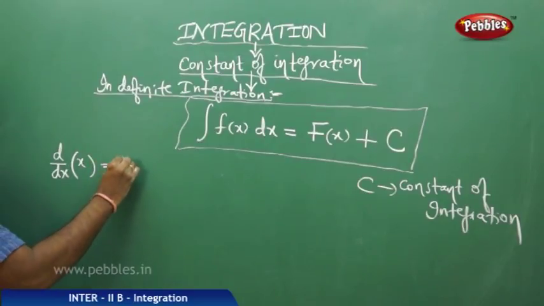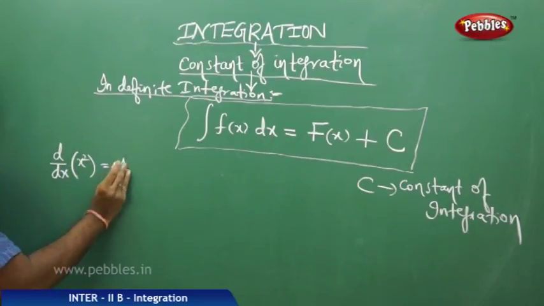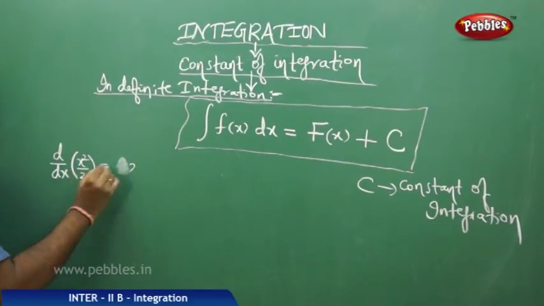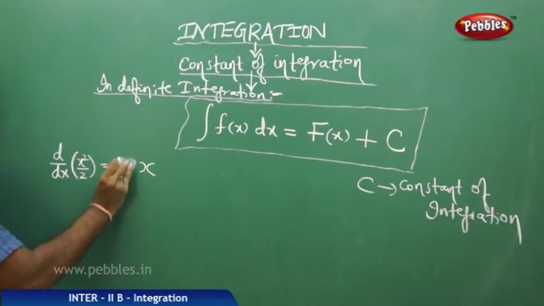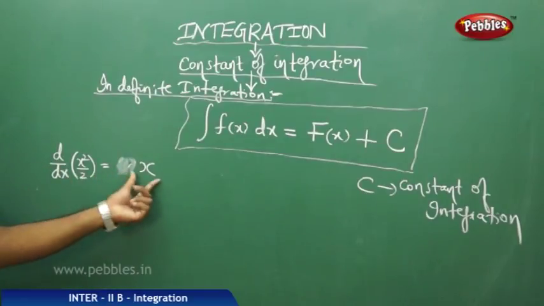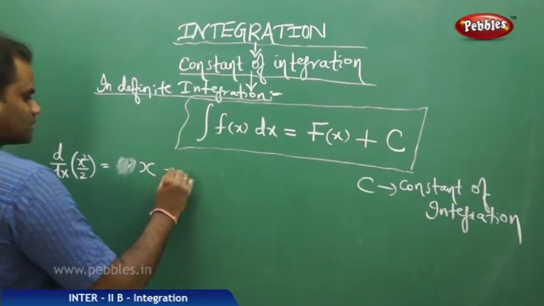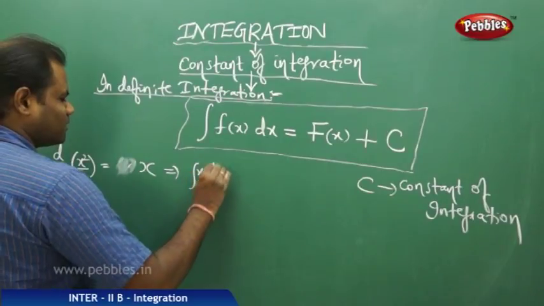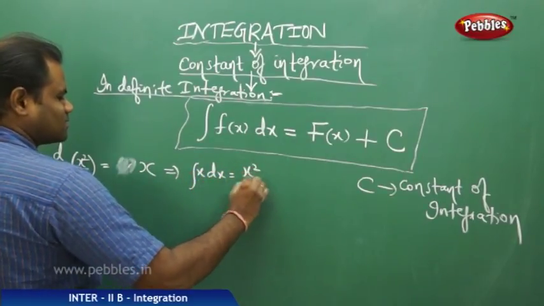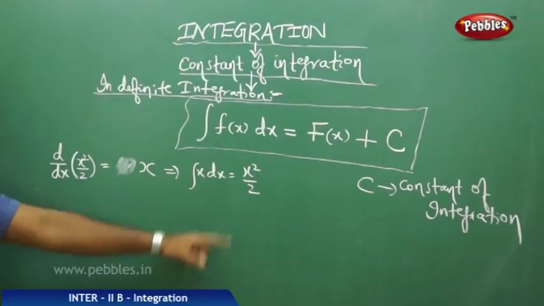x squared by 2 is x. Say d by dx of x squared by 2 we know is x. That implies integration of x is x squared by 2, because these are anti-differentiation.